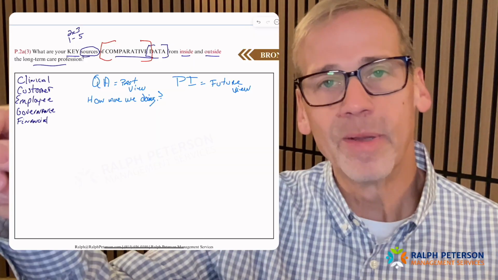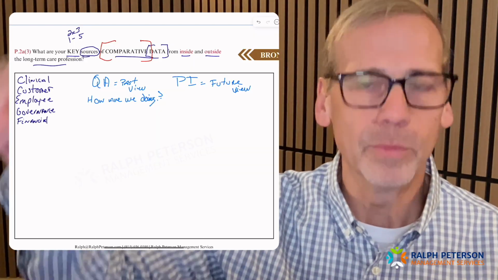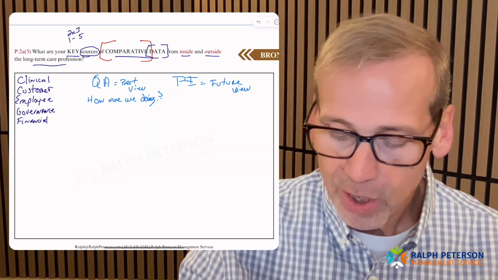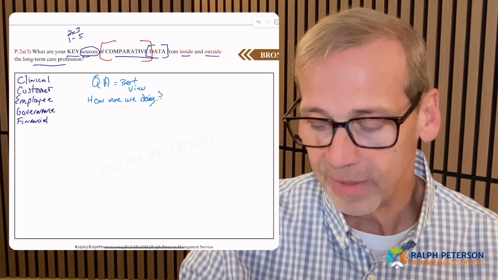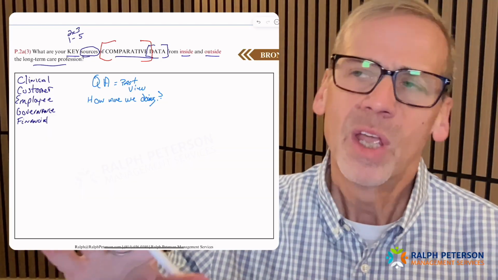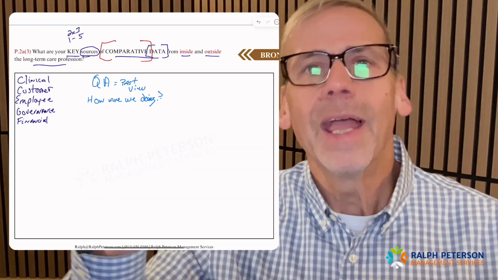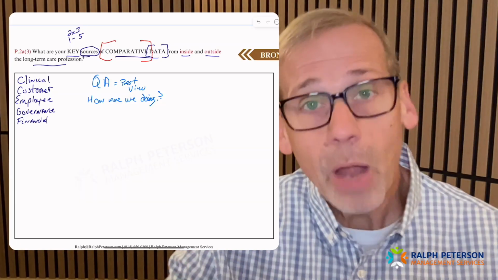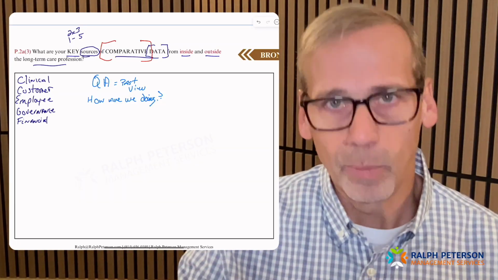And the performance improvement says, hey, can we do any better? We're not going to worry about the performance improvement side for this example. We're only going to look at the QA side and ask not only how are we doing, but how do we know how we are doing?